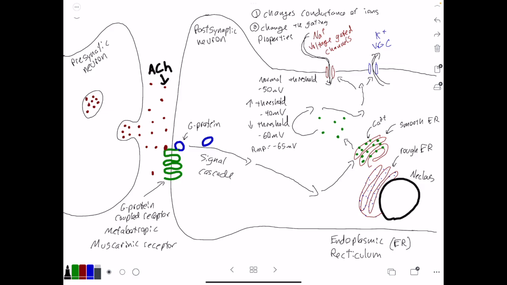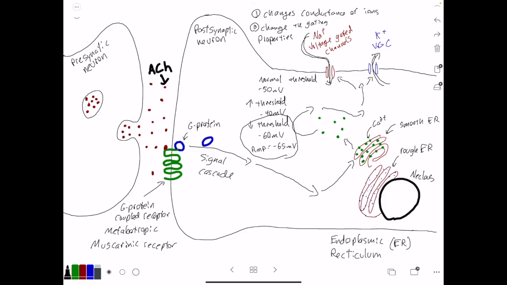So in this example where we've lowered the threshold, we've made these channels more sensitive now. So it doesn't take nearly as much depolarization to trigger them. And so in this example, where we've lowered the threshold, this neuron now has, so to speak, a hair trigger on being able to produce an action potential.